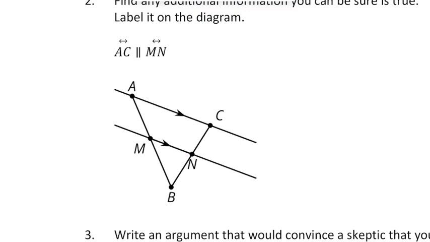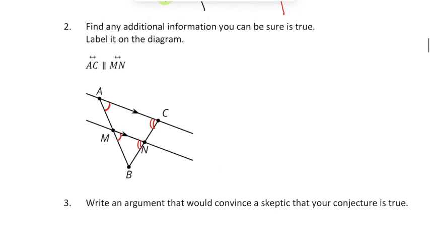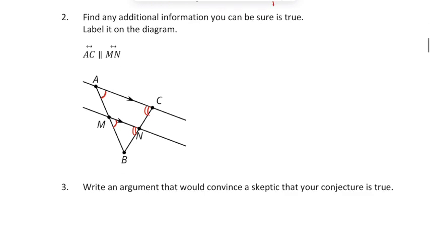If we know that line AC is parallel to line MN, that's given. Hopefully you remember, if you have parallel lines, then corresponding angles are congruent. So this one and this one are congruent. This one and this one will be congruent. Those are a few pieces of information you should know, and that's from last year.